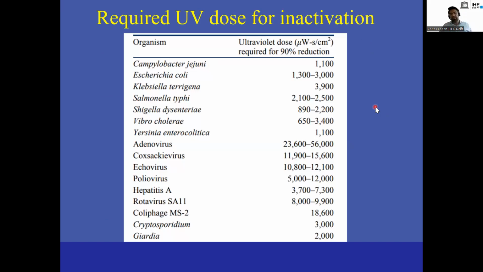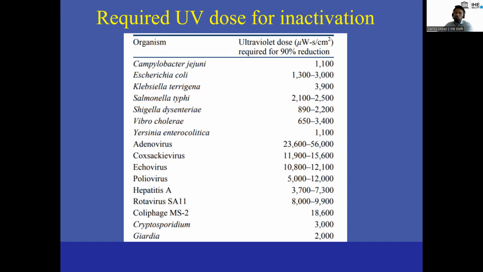Now, because UV is much stronger, and because it is based on the transmission, the exposure to this light, here it is measured in terms of the watts that are needed per square meter of the lamp per second. And these are the values required to achieve a 90% reduction of these different types of organisms.